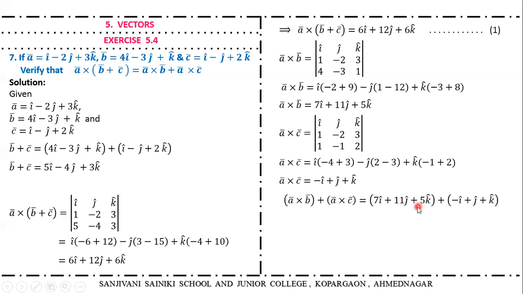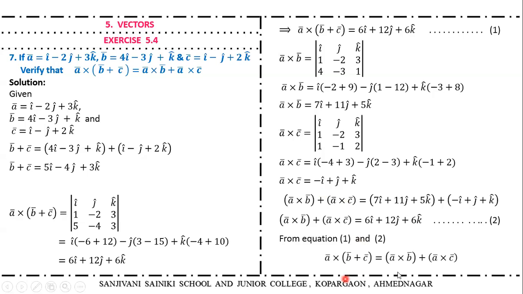What will you get? 6i cap plus 12j cap plus 6k cap. This is our equation number 2. Now from equation number 1 and equation number 2, it is clear that the right hand sides are the same. Both the vectors are the same, so the left hand sides must be the same. This is our solution of this example.